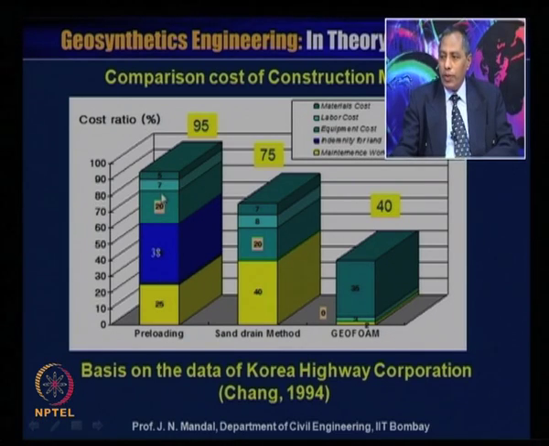So you can see the costs for the preloading, but overall you can have a cost ratio of about 95%.